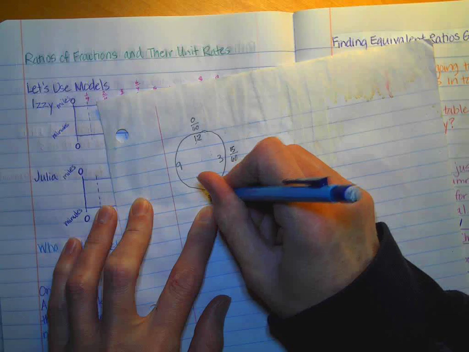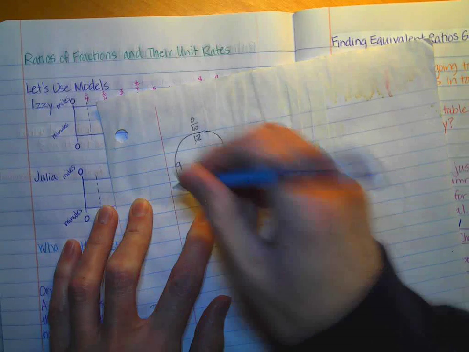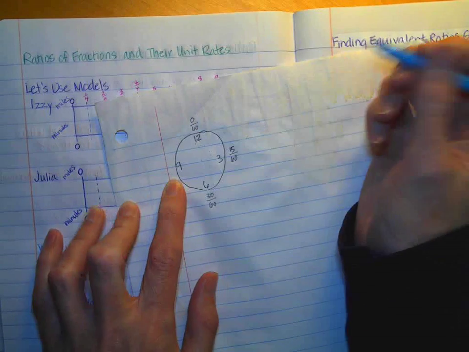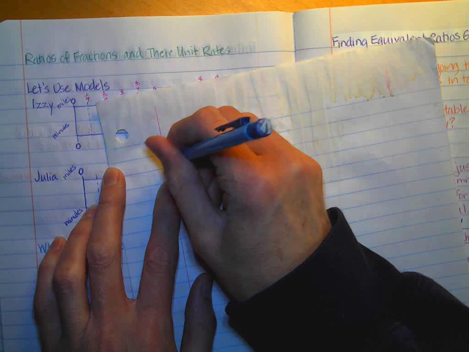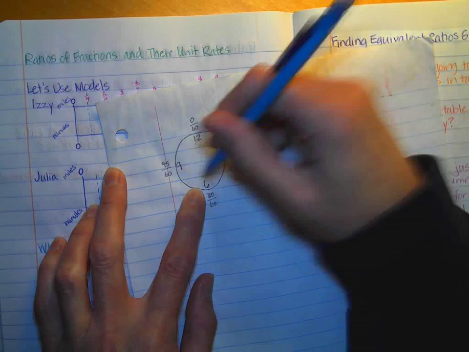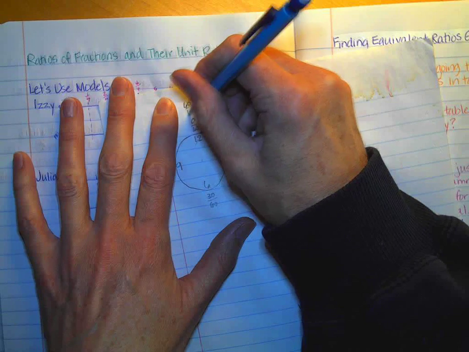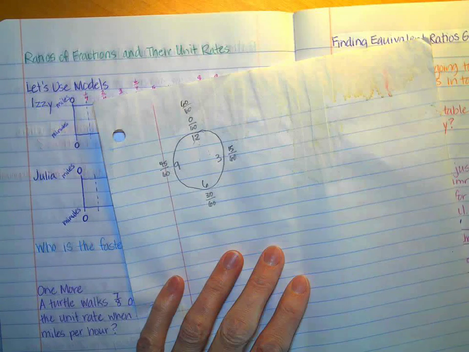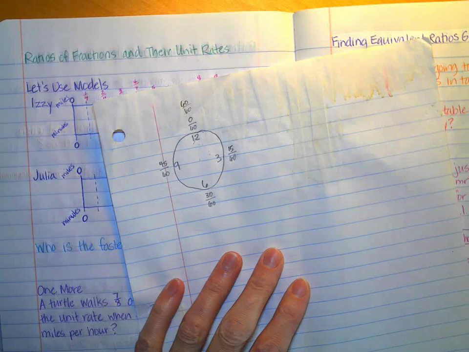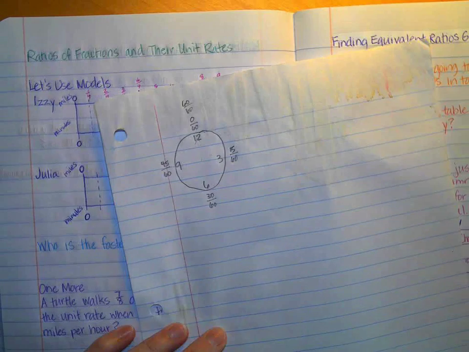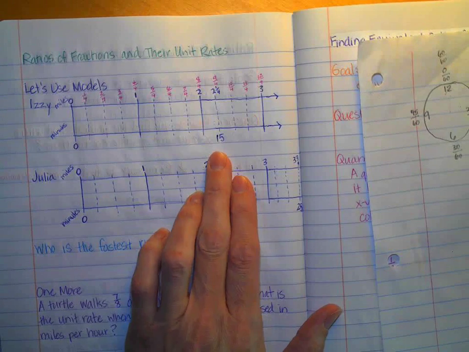Keep going. Down here, how many of the 60 minutes have we gone? That is correct, 30 out of the 60. Keep going. How many have we gone? That is correct, 45 out of the 60. And when it goes all the way back up, it could be 60 out of 60, right? If you go all the way around. Okay, so we now see fractions on this one.